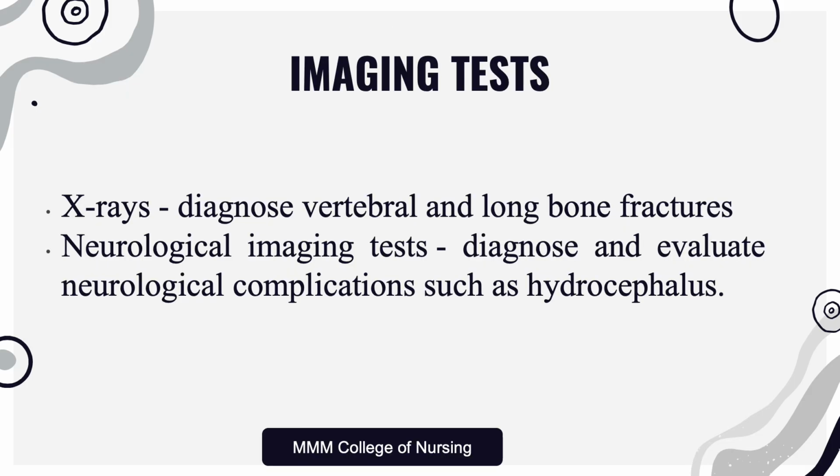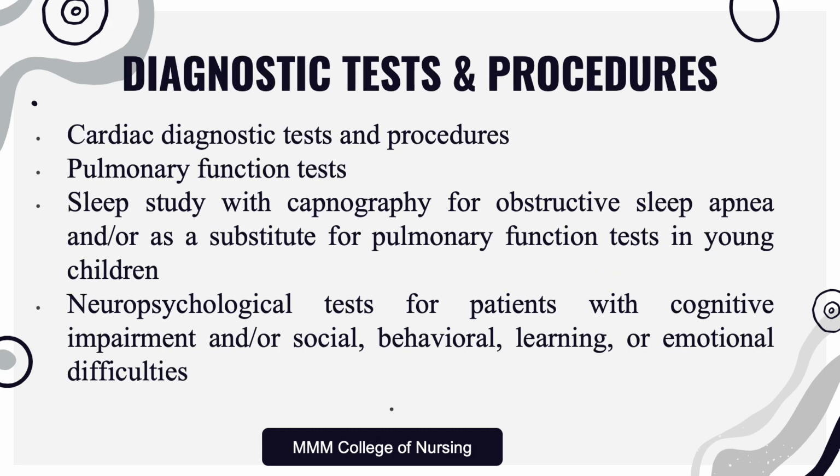Imaging tests. Imaging tests that are used to diagnose OI include X-rays to diagnose vertebral and long bone fractures, and neurological imaging tests to diagnose and evaluate neurological complications such as hydrocephalus. Diagnostic tests and procedures: cardiac diagnostic tests and procedures to diagnose any cardiac complications.